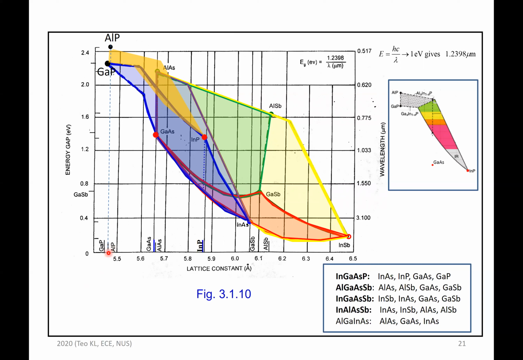Gallium arsenide is again somewhere below this shaded region. Of course, you can grow aluminum gallium indium phosphide on a gallium arsenide lattice constant. So within this vertical region, within the yellow shaded region, you can grow the aluminum gallium indium phosphide quaternary alloy semiconductors on a gallium arsenide substrate.